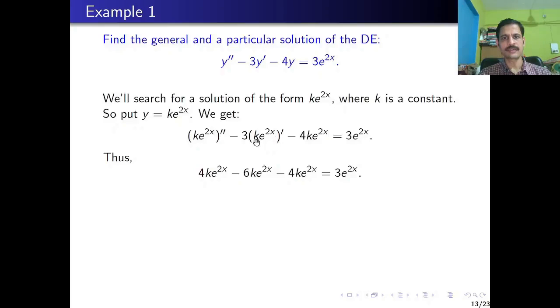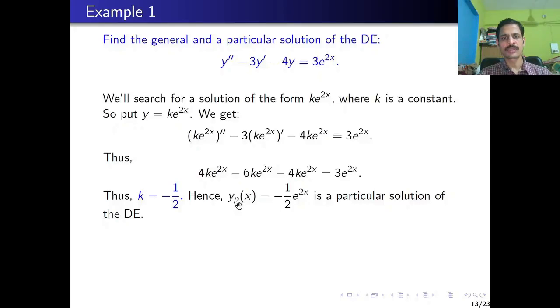The single derivative has to be substituted here, so 2 will come down, and we'll have 6k e raised to 2x minus 4k e raised to 2x is equal to 3 e raised to 2x. So this term will cancel with this term, and we solve this and get the k value to be minus half.